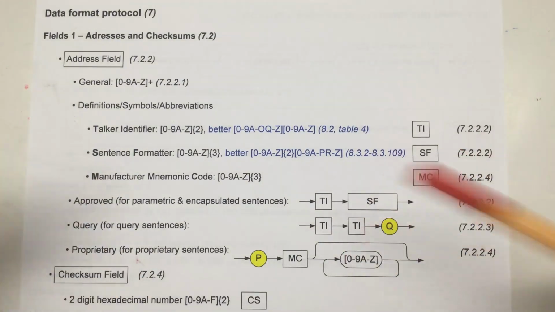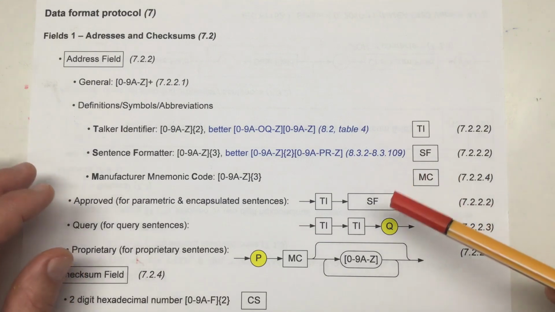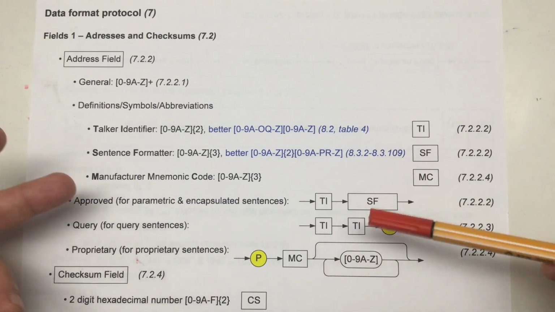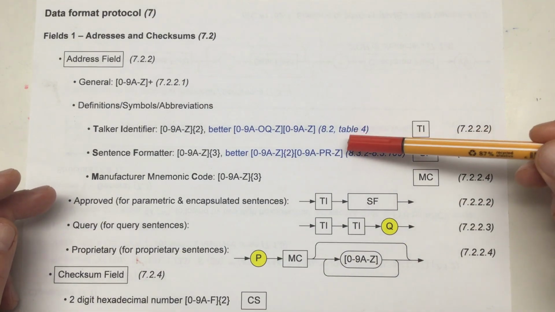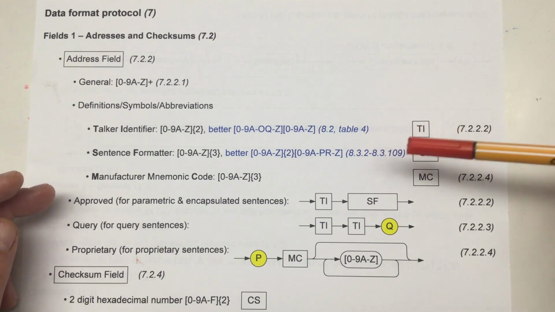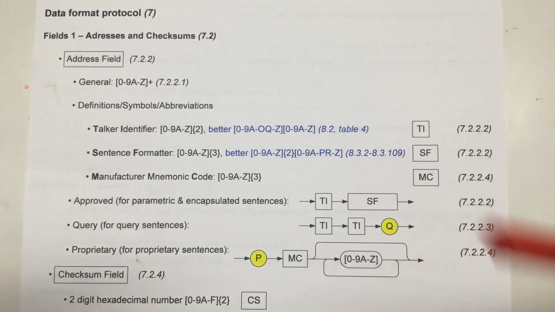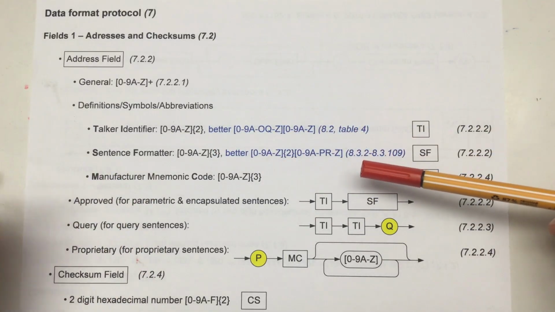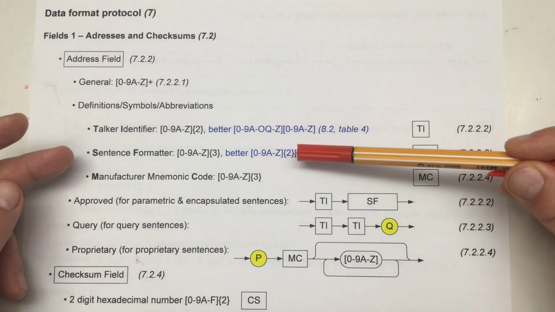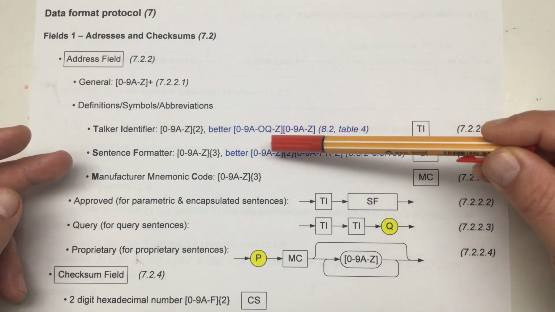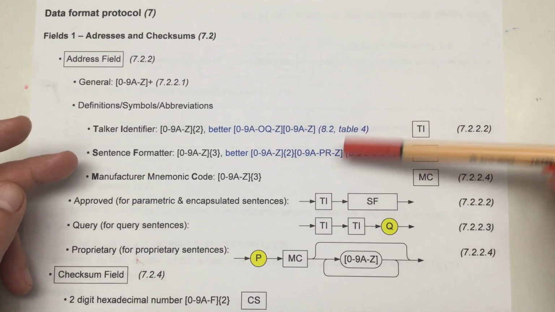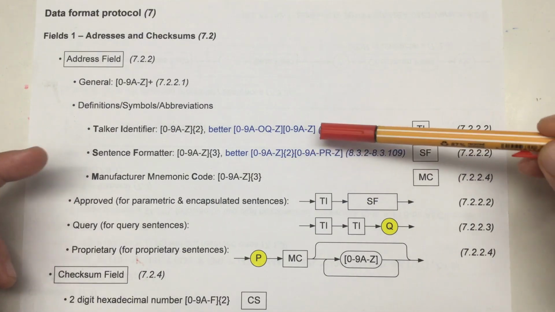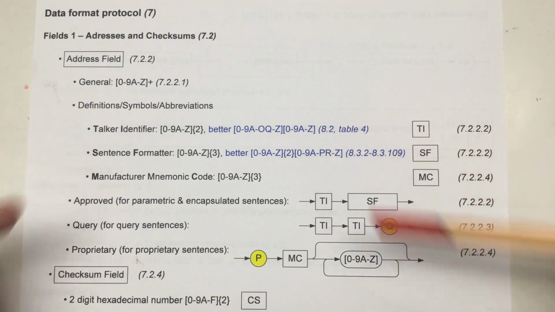The standard never explicitly says that, but if you go through all the sentence formatters defined in the standard, so from chapter 8.3.2 to 8.3.109, you notice its effect. So the better definition of a sentence formatter would be 2 characters, digit, uppercase letter, followed by a third character, digit, A to P and R to Z, leaving out the Q.